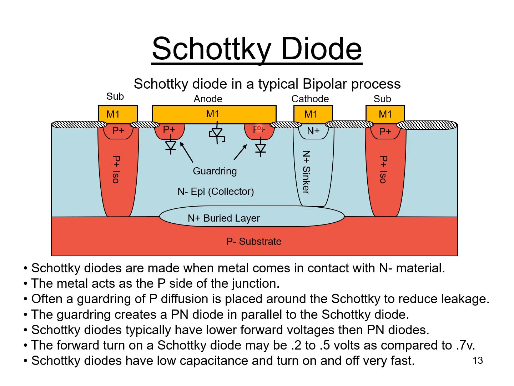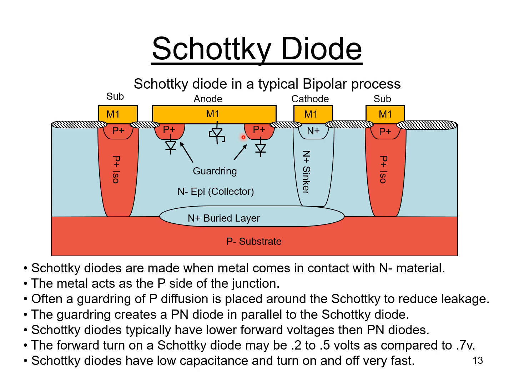That's what those P plus regions on the left side and the right side of the Schottky diode are. Those are the guard ring regions, and that would be a ring all the way around the diode. Now the guard ring creates a PN diode that's in parallel to the Schottky diode, and you can see I've drawn in the PN diode, and yes, it is actually in parallel with the Schottky diode.